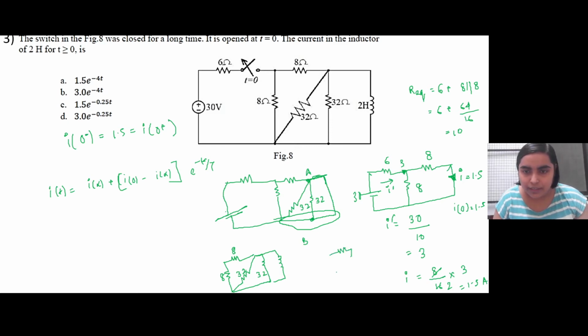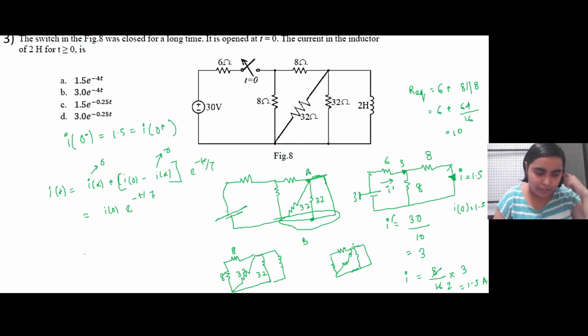There is no external supply of voltage and no other sources, so the current through this inductor will gradually die down and reach 0, right? So I infinity is 0. So it is basically I of 0 e to the power minus t by tau, and I of 0 we already have, 1.5, right?